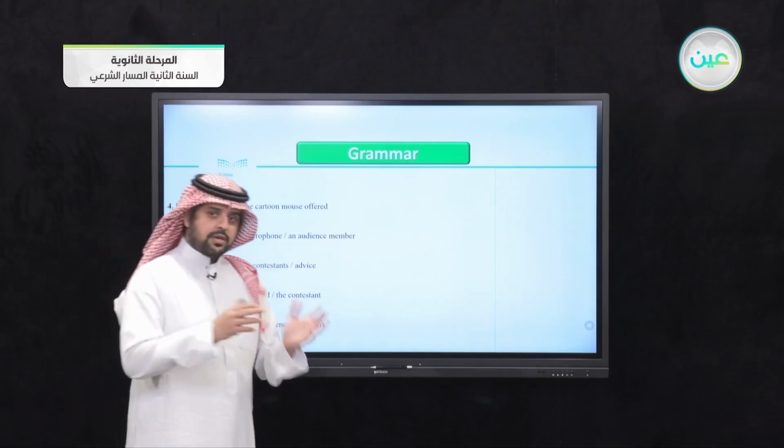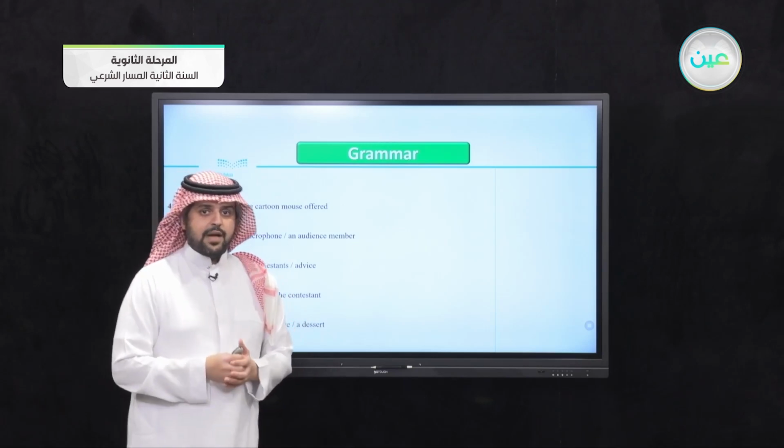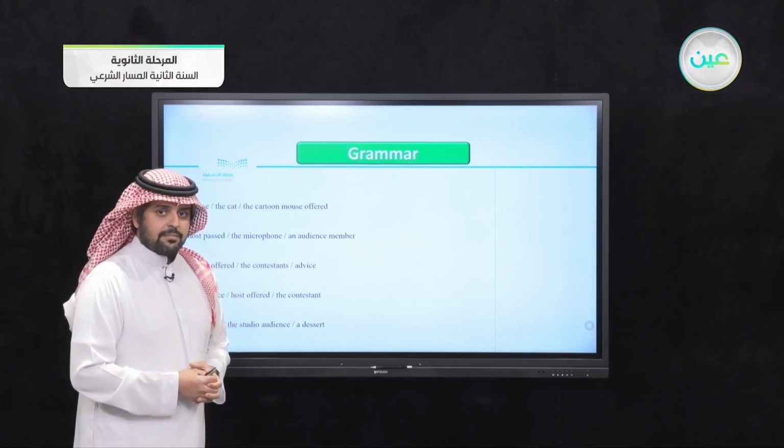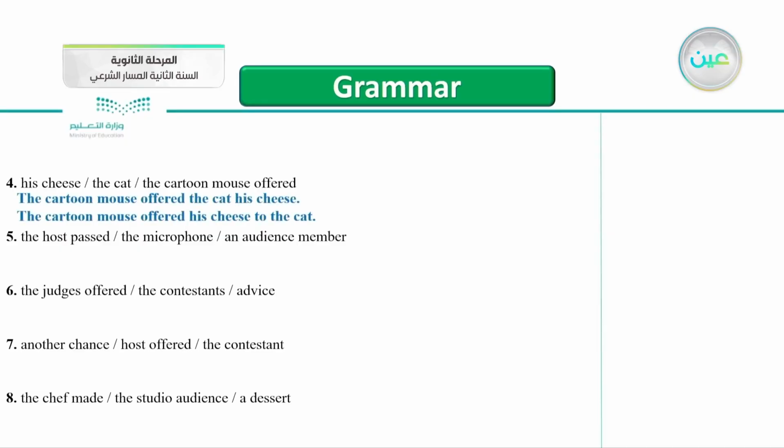Cartoon mouse. Oh no, we know. Now we have cat and mouse cartoon. We know what cartoon this is. So his cheese, the cat, the cartoon mouse offered. Yes, excellent. The cartoon mouse offered the cat his cheese. The cartoon mouse offered his cheese to the cat. So now we know the cat is the indirect.